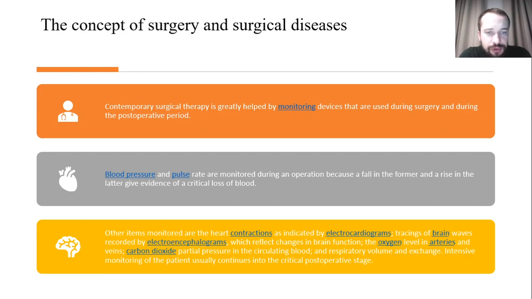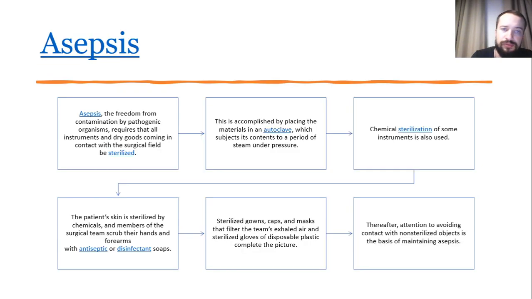Other items monitored are the heart contractions as indicated by electrocardiograms, tracings of brain waves recorded by electroencephalograms, which reflect changes in brain function, the oxygen level in arteries and veins, carbon dioxide partial pressure in the circulating blood, and respiratory volume and exchange. Intensive monitoring of the patient usually continues into the critical postoperative state.